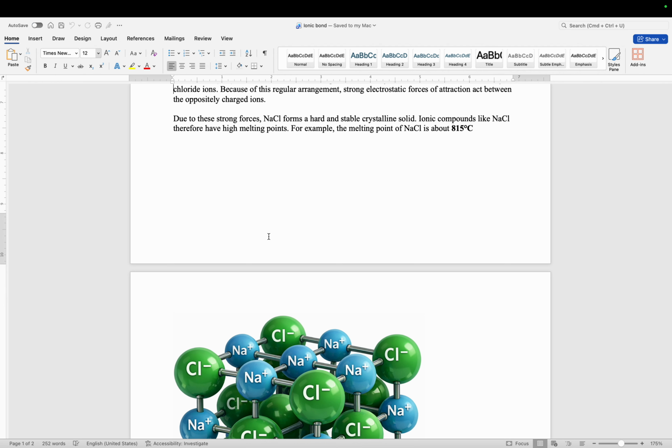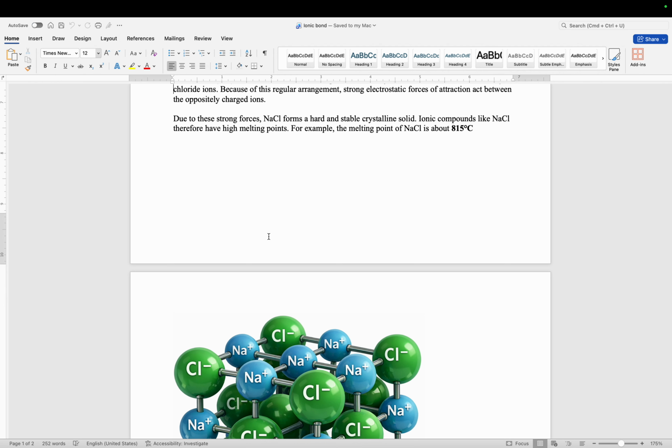That's why when electric voltage is applied to an aqueous solution of NaCl, current passes through it. This is because the cations and anions are mobile, and these ions carry charge from one pole to another pole.